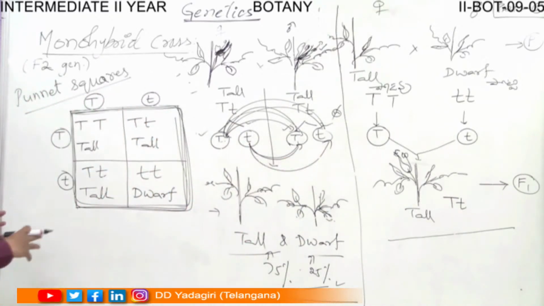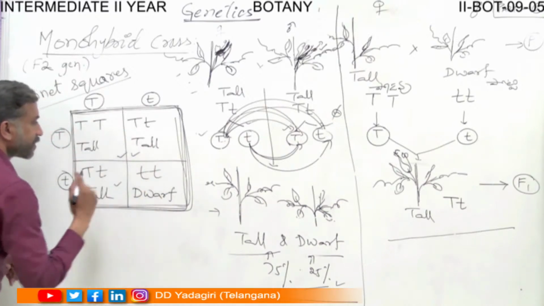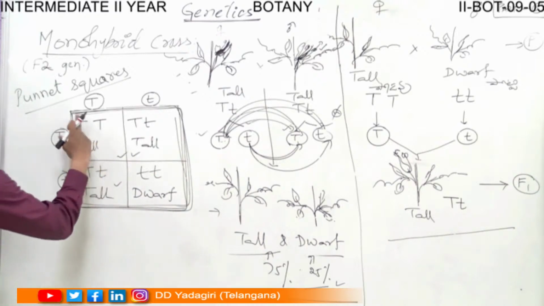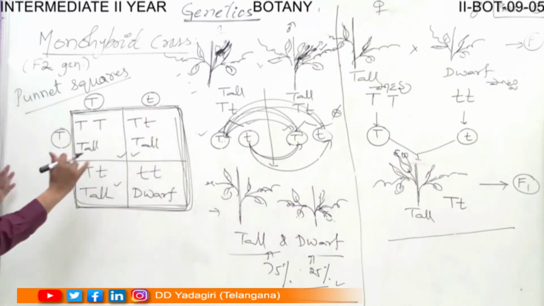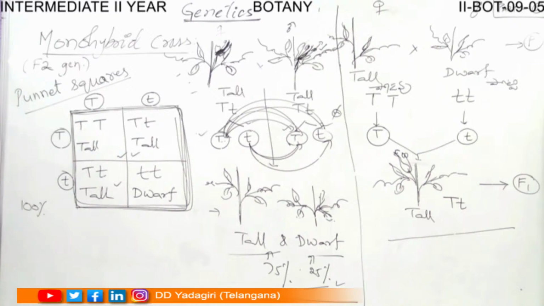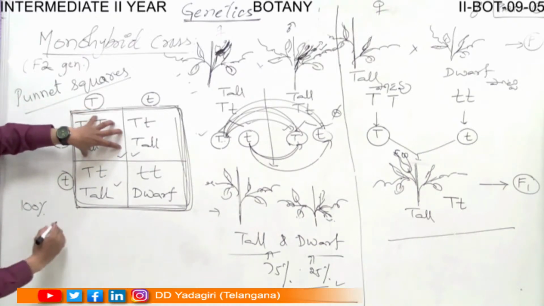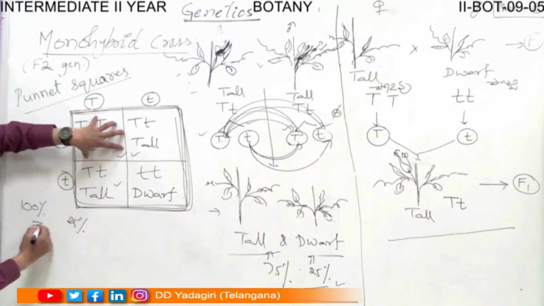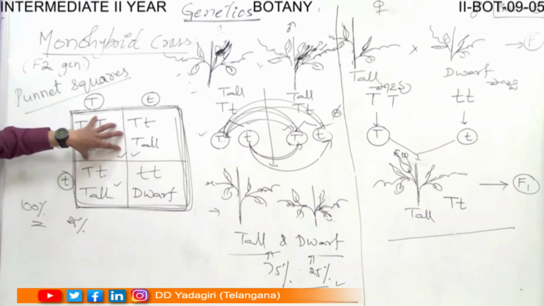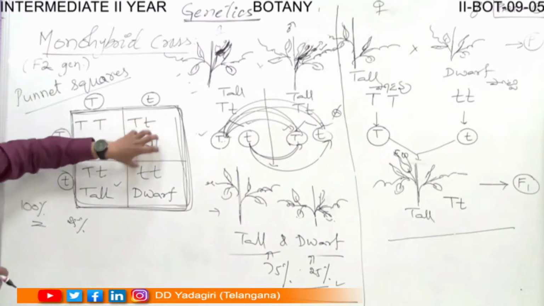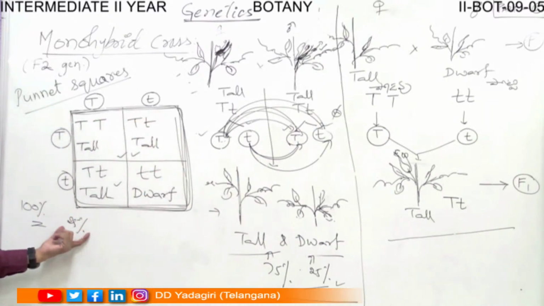So here out of the 4 chances, the occurrence of tall plants is here, if you consider this entire thing as 100%. Now this quarter will represent the 25%. The percentage means nothing but the 100. So if you consider this entire thing as 100%, each quarter is equivalent to 25%, right?